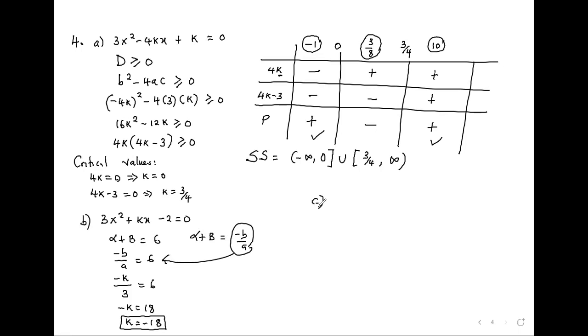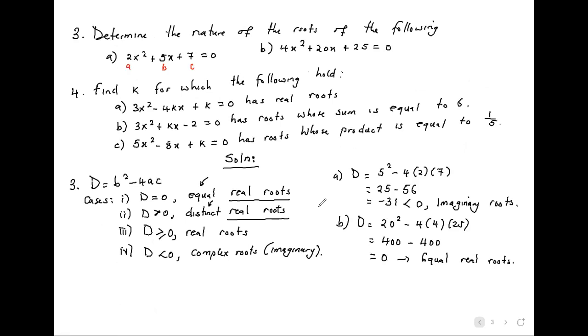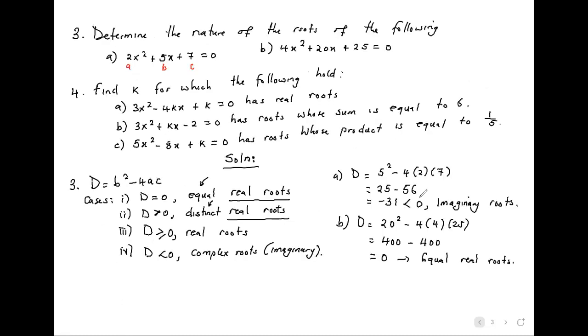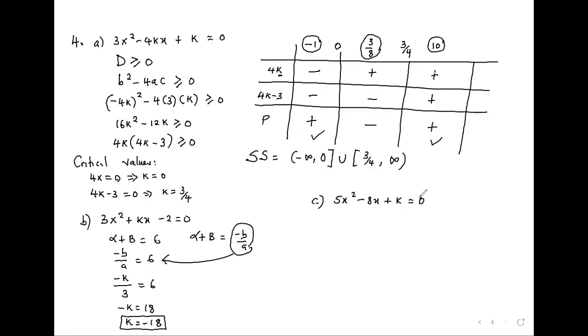What about C? C, the equation 5x² minus 8x plus k is equal to 0, has roots whose product is equal to 1/5. Whose product we know, if I have alpha beta, I should get 1/5.